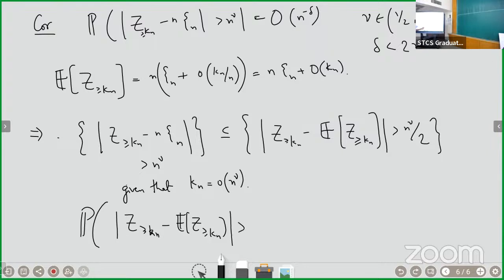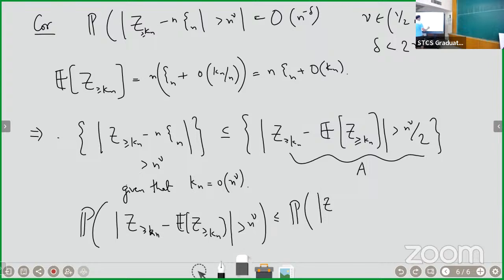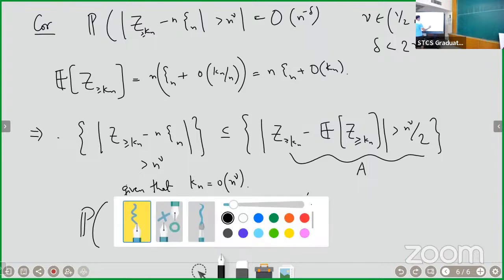It's greater than n to the nu is less than 2. Let's call this event A, so that I can mark this.